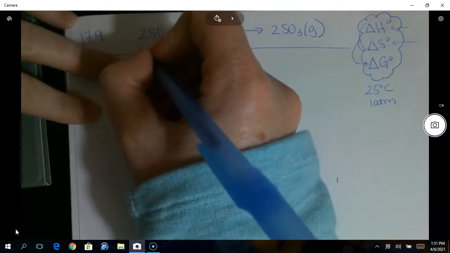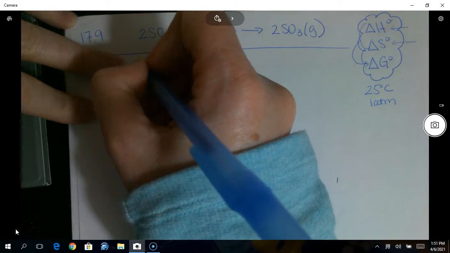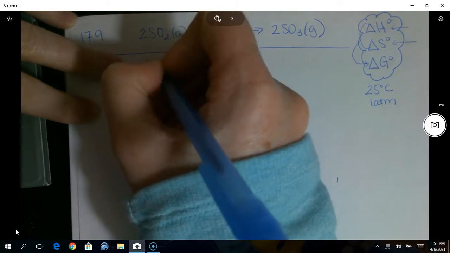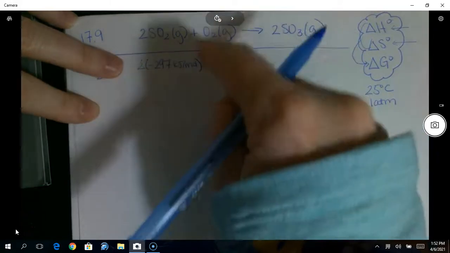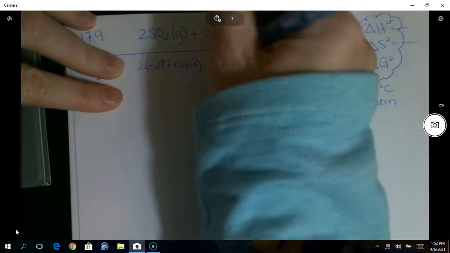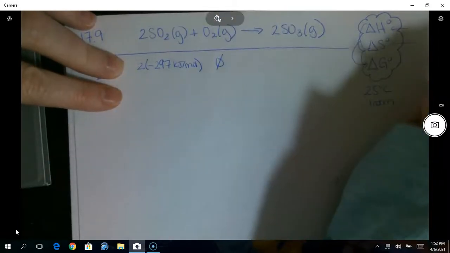So SO2 I find in my list. I've got 2 of them, and that is negative, the enthalpy of formation, 297, and this is kilojoules per mole to make that. And then my oxygen is nothing to form because it is elemental.